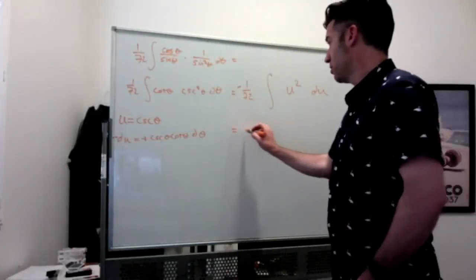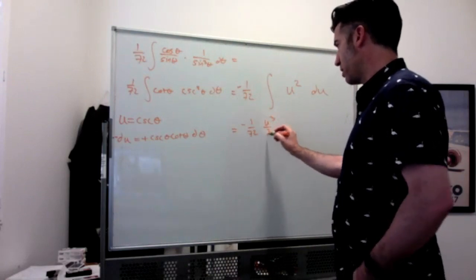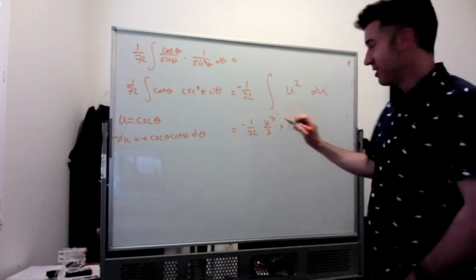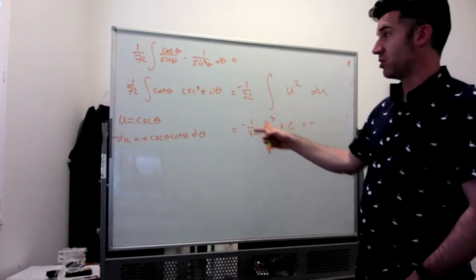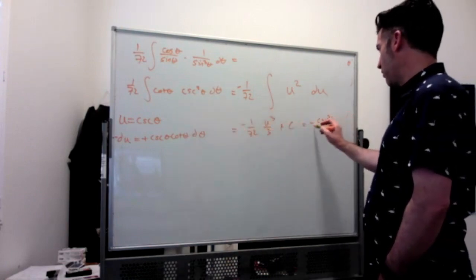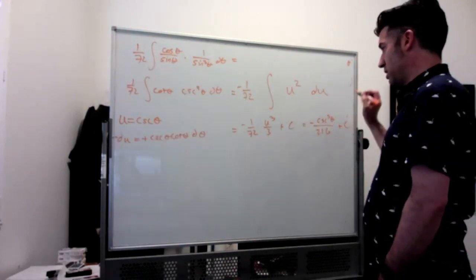Okay. So then we get negative 1 over 72 u cubed over 3 plus c. So u was equal to cosecant, so we get negative cosecant cubed theta over 216 plus c.